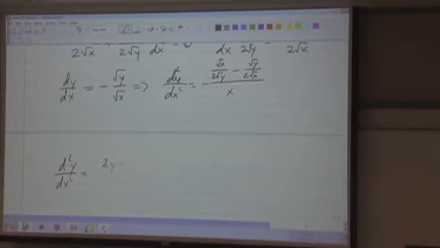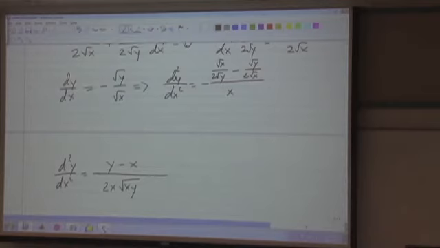So it ends up being 2y minus 2x divided by... I guess I don't need the 2. Never mind. So I have y minus x divided by 2x square root of xy.